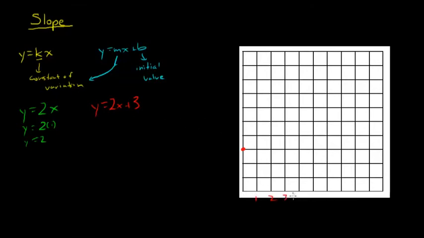So we have 1, 2, 3, 4, 0, of course. 4, 5, 6, 7, 8. Go all the way up to 10. Okay, so x is 1. Let's substitute that in. 2 times 1 is 2 plus 3 is 5. So for 1, we have 5. If x is 2, let's substitute a 2 in there. 2 times 2 is 4 plus 3 is 7.